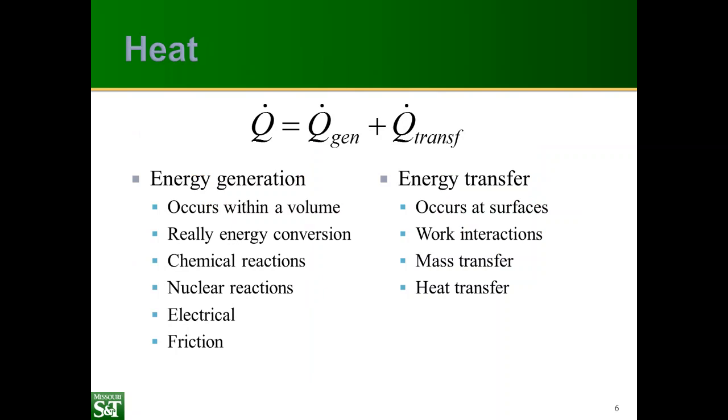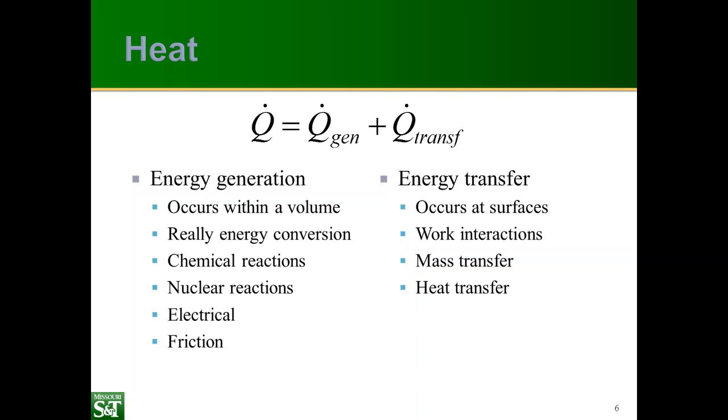So in the first law, there were two big quantities. The first was heat, the second is work. So heat typically gets divided up into energy generation and energy transfer. Energy generation is due to the conversion of some other type of energy into thermal energy. So we can have chemical reactions like combustion that could be either exothermic, which produces energy, or endothermic, which absorb energy in order for the chemical reaction to occur.